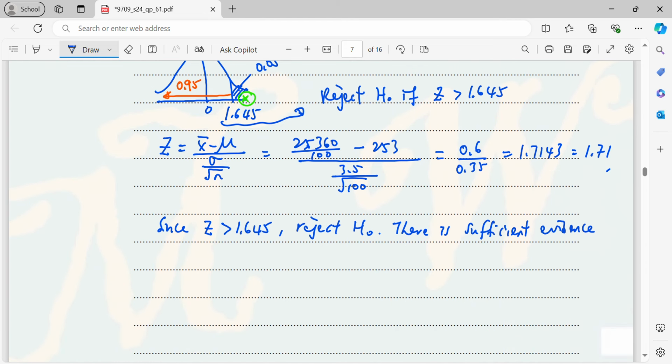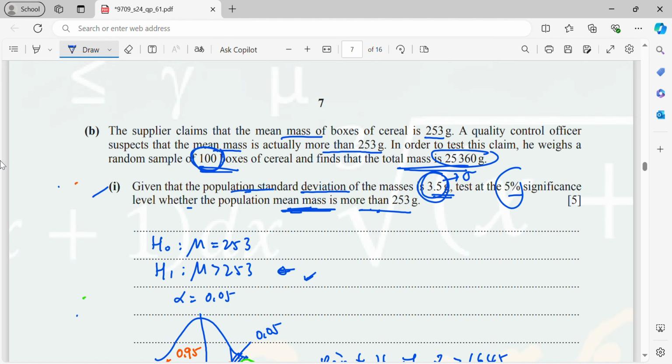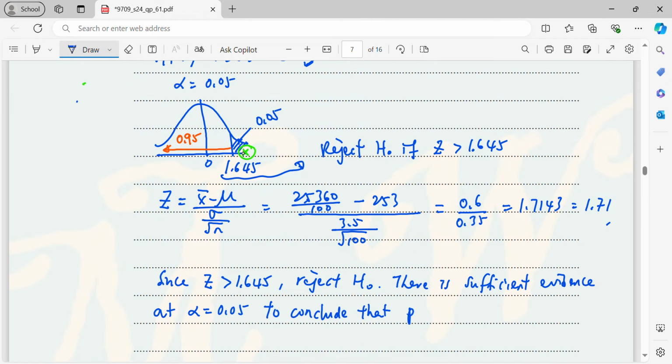But this conclusion is only valid at the particular alpha value. So I have to write down the alpha value to conclude that the population mean mass is more than 253 grams.